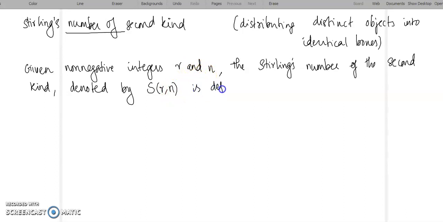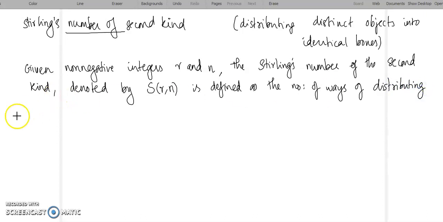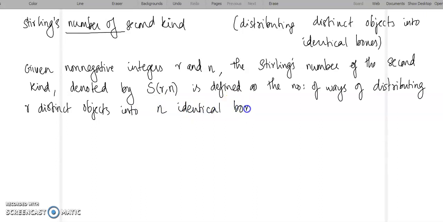So that is defined as the number of ways of distributing r distinct objects into n identical boxes such that no box is empty.